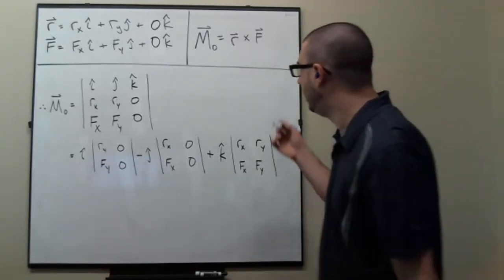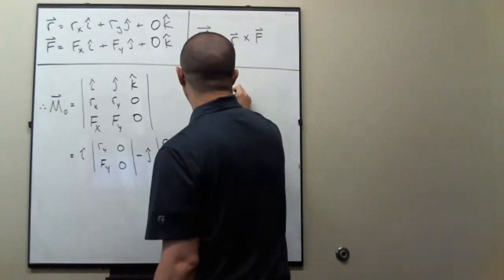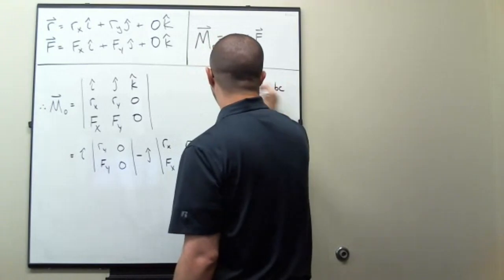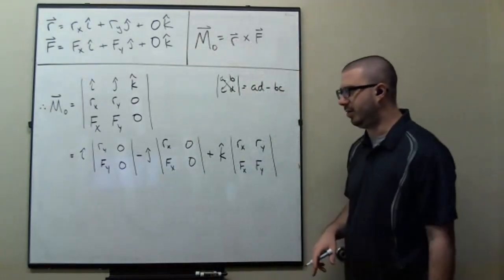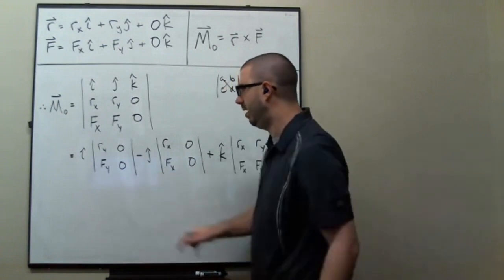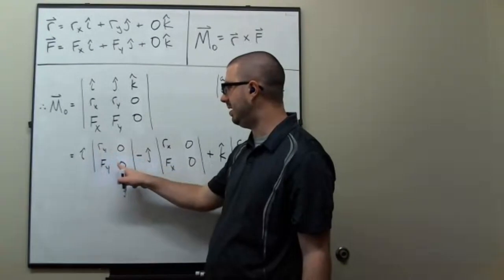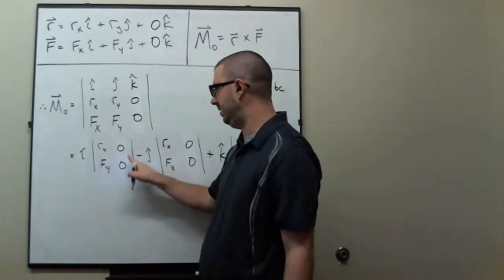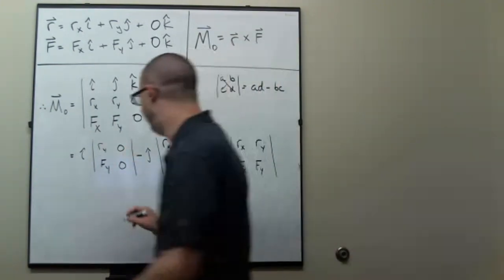Okay, so what happens? Well, let's go back to the 2x2 determinant. So if I have A, B, C, D, the determinant is AD minus BC, right? Just do the product that way minus the product that way. So what do I have here? What happens with this term? Well, I'm going to take i times the quantity that times that minus that times that. Well, this times this minus this times this, that's 0.